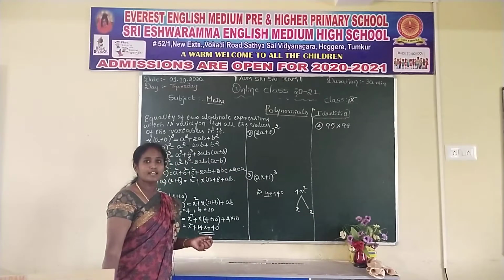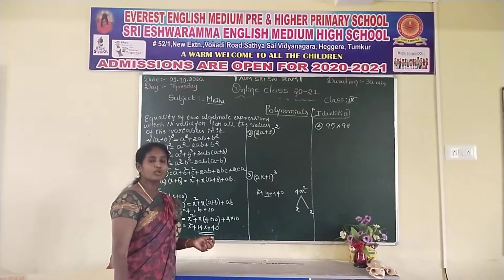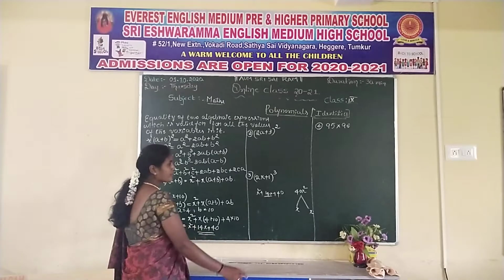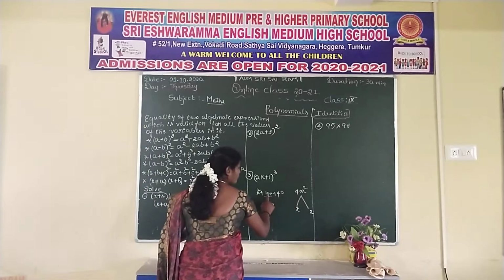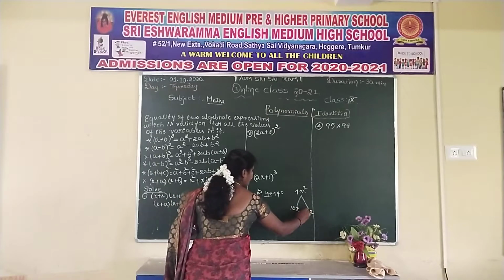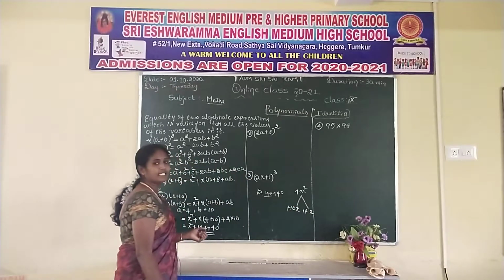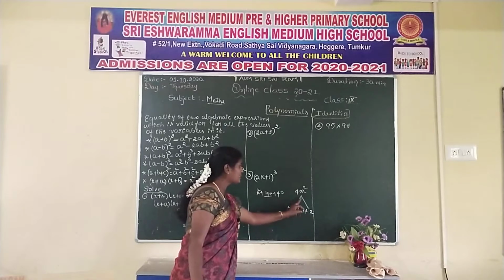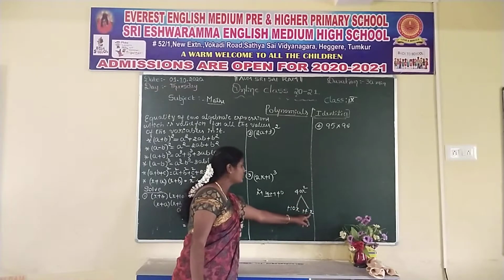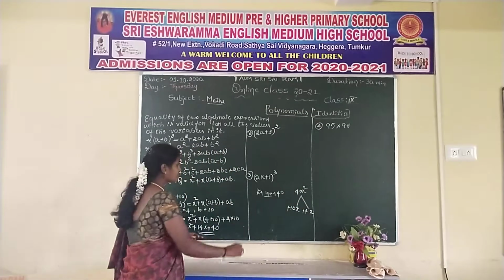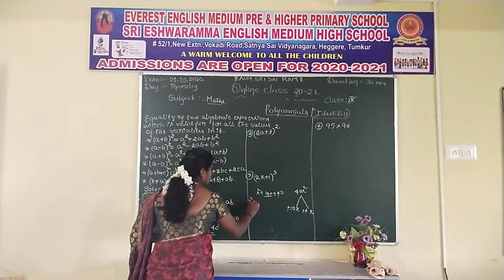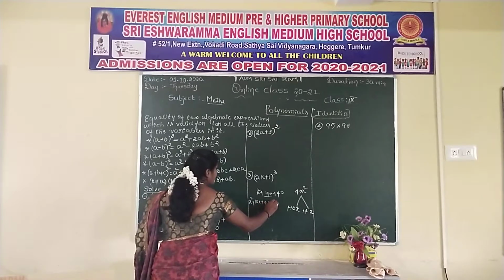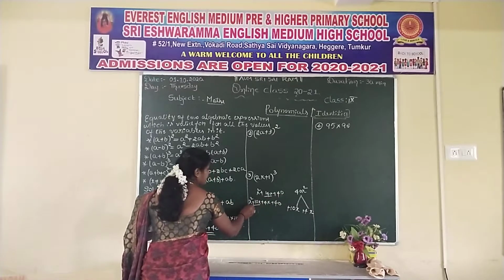Now the new factors: 4 tens are 40, and 4 plus 10 is 14. Plus into plus is plus. 10 fours are 40, x into x is x². So x² plus, you write the new factors, and write the last term as it is.